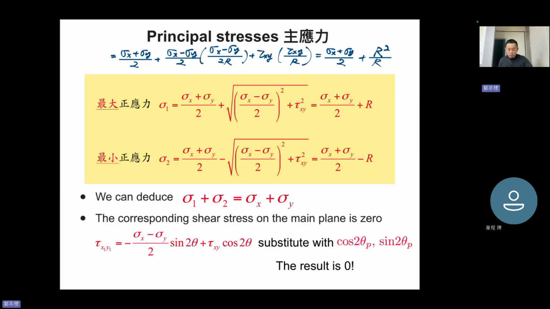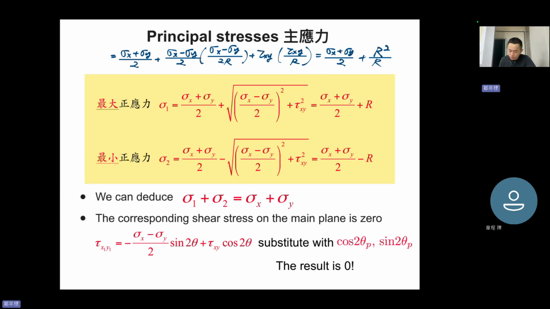Okay, so you notice that if we substitute one of the solutions from the previous page, it looks like the average plus r. And if you substitute the other, I just don't want to do it again, you will get minus r.